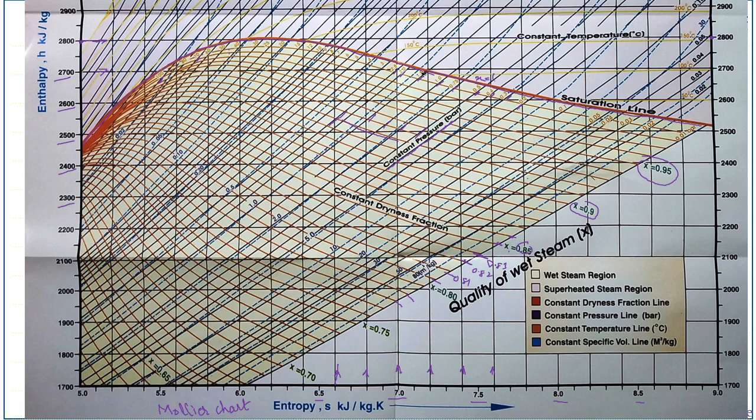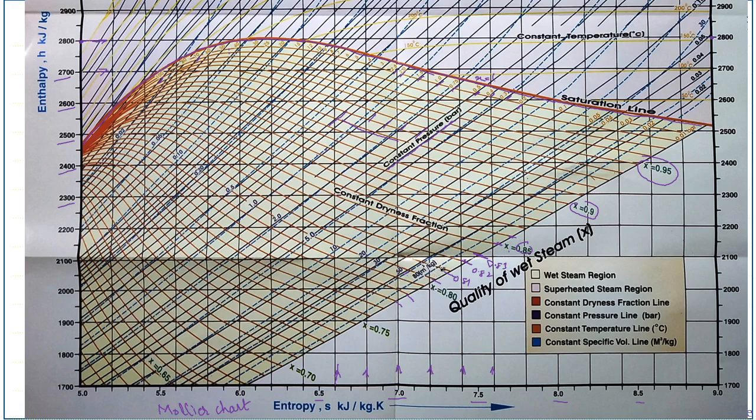These lines are known as specific volume lines. Here it is given 80 meter cube per kg. Then again 50, 30, 20, 10, 5, 2, 1. So these curves are representing specific volume in meter cube per kg. Dotted curves are representing specific volume in meter cube per kg.